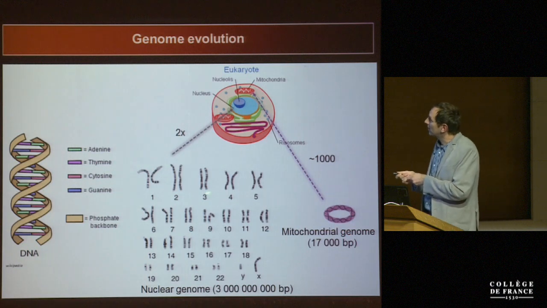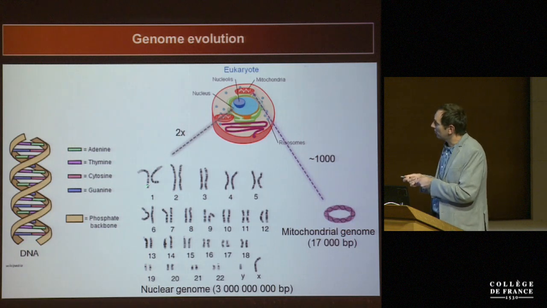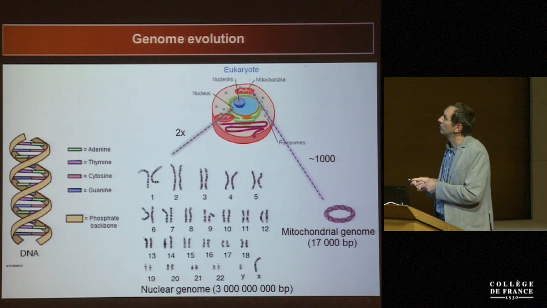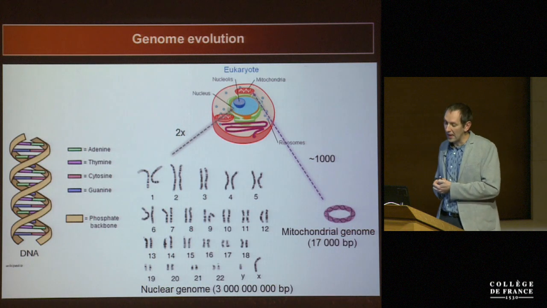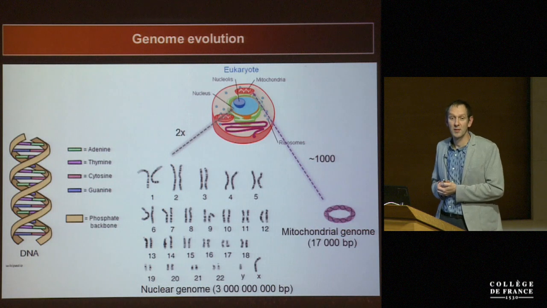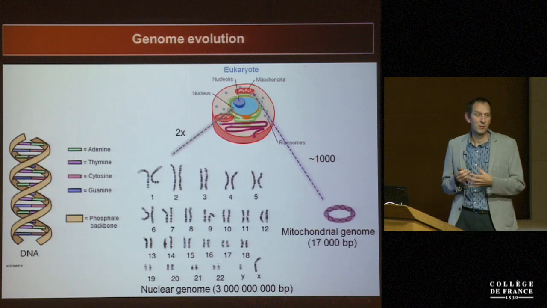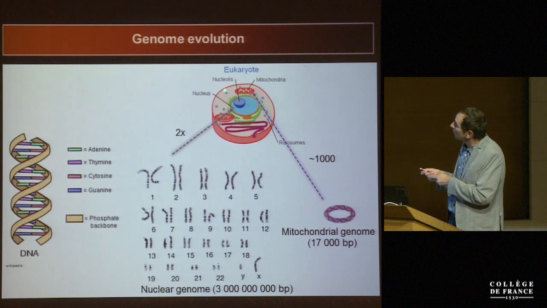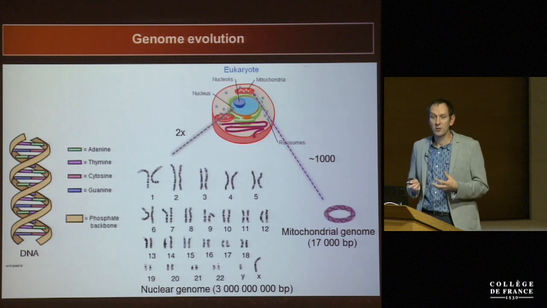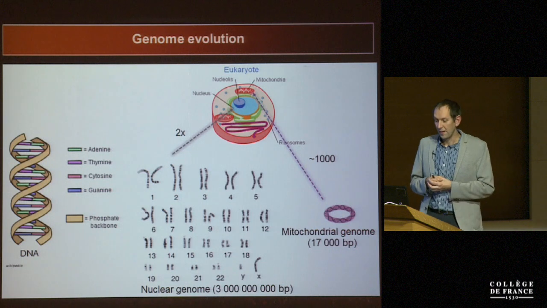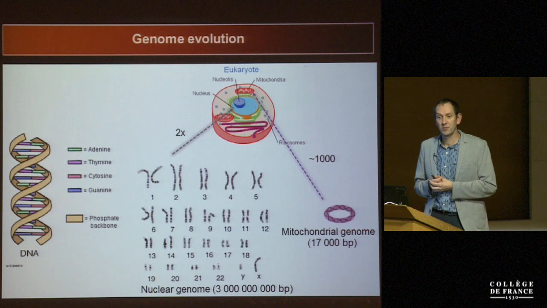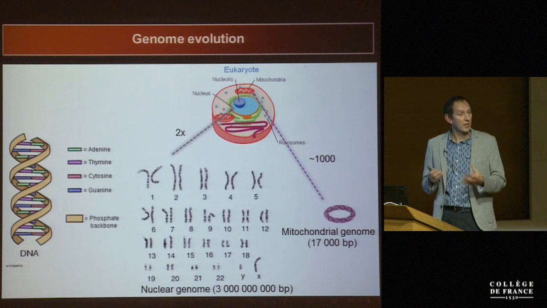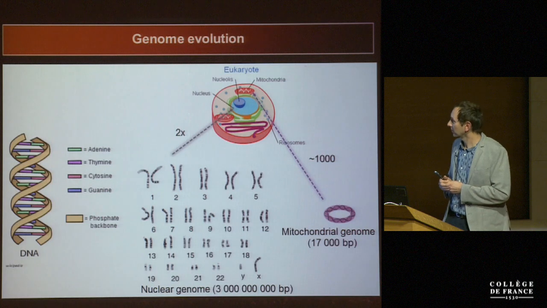The first, and the most important part of the DNA, is the nuclear genome, which sits in the nucleus inside the cell and contains roughly 3 billion base pairs of sequence. This encodes basically all our phenotypic features. There's also this little molecule here, the mitochondrial genome, which sits in an organelle, the mitochondria, which are responsible for energy metabolism in the cell. Both types of DNA can be very useful to make inferences about relatedness and evolutionary inferences in general.